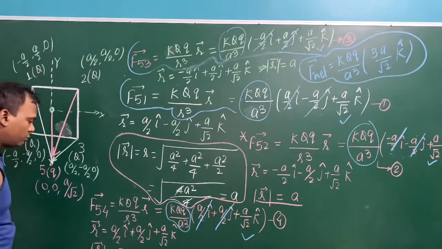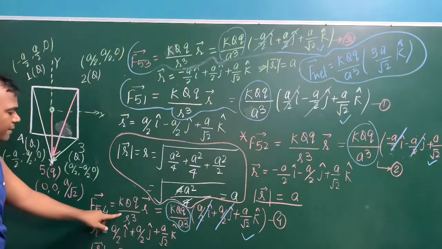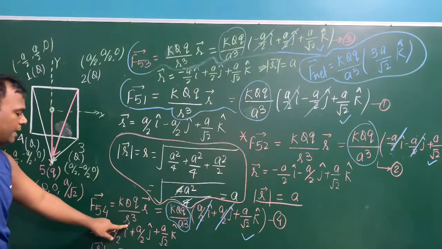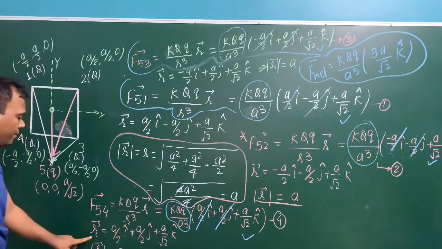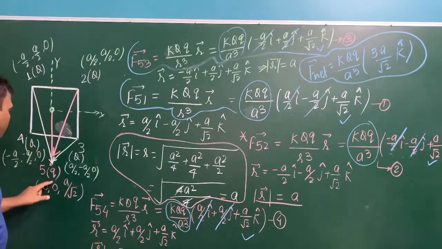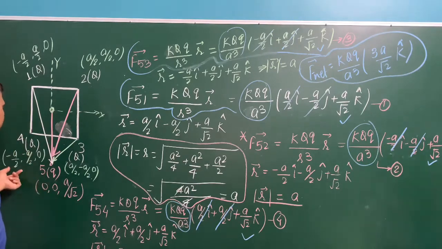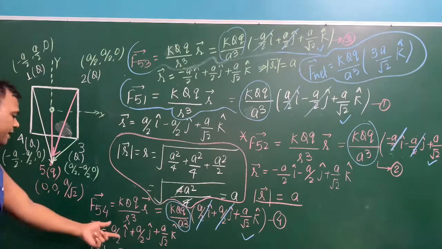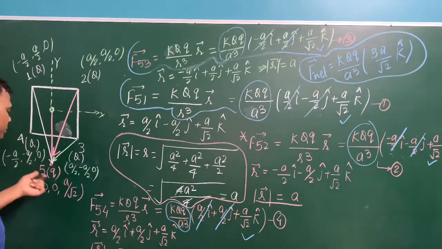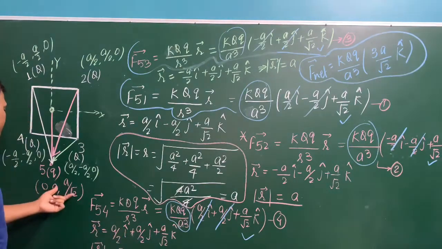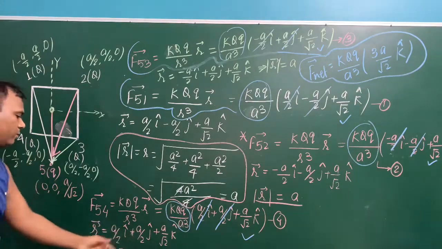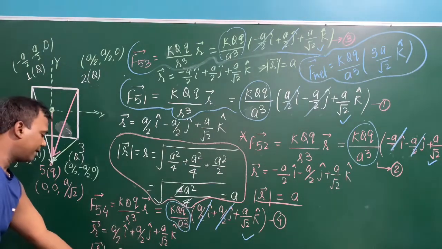Now the last, force on 5 due to 4, that will be equal to K capital Q small q divided by r cube into R vector, where R vector will be R5 minus R4, that is 0 minus a by 2, that is plus a by 2 i cap; 0 minus a by 2, that is plus a by 2 j cap; root 2 minus 0, that is a by root 2 k cap. Again the mod of R vector will be a.